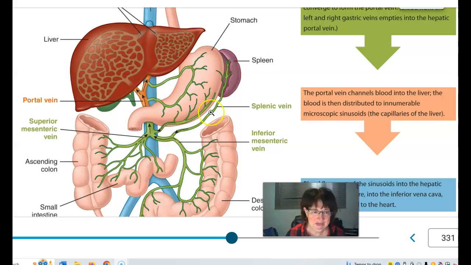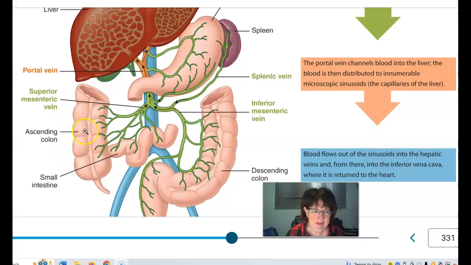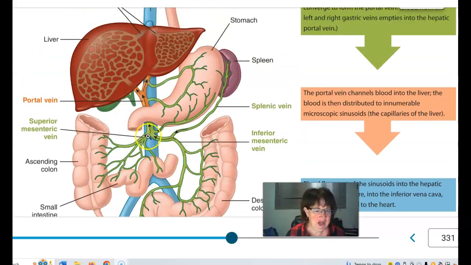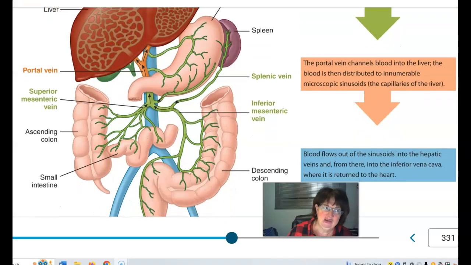So splenic comes from the spleen, superior mesenteric comes from the top of the mesentery, inferior comes from the bottom of the mesentery, and they all collect and go via the portal system to the liver, where it has the first pass and gets detoxified and then continues on from there.